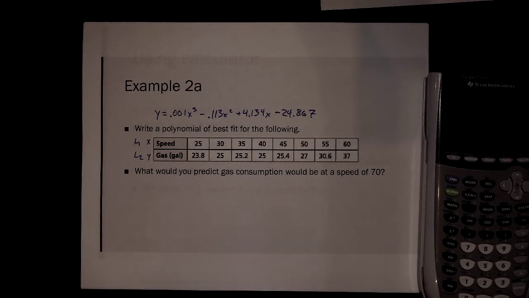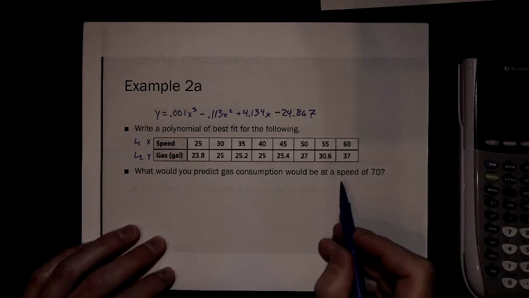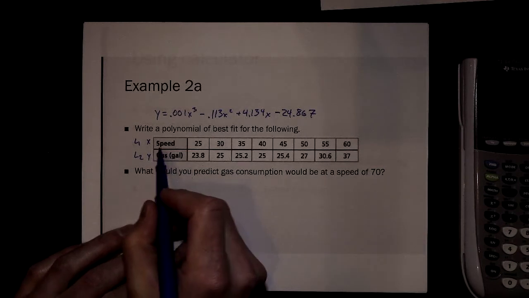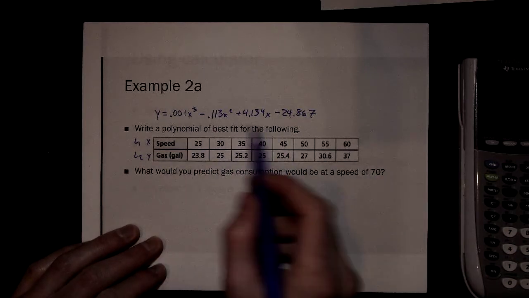All right, so what would we predict the gas consumption would be at a speed of 70? We're going to have to plug in a value. One thing that you do need to make sure is that you're plugging it into the right spot, right? Speed, that was my x value, right? So I know that 70 is going to get plugged in for x.